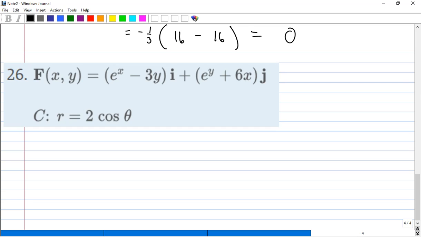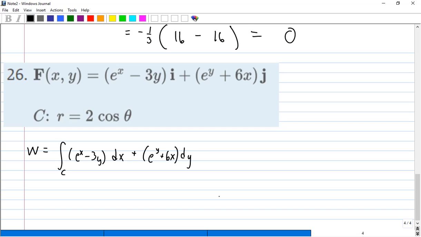Alright, so here's where, what are we actually doing? We're doing a line integral of e to the x minus 3y dx plus e to the y plus 6x dy.